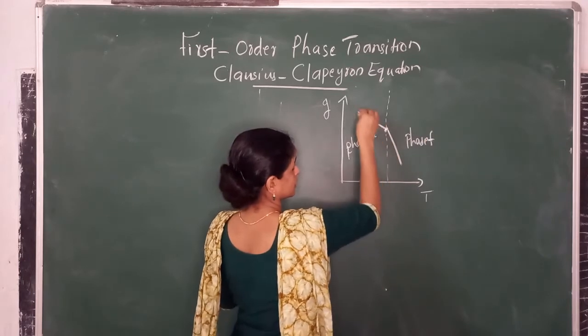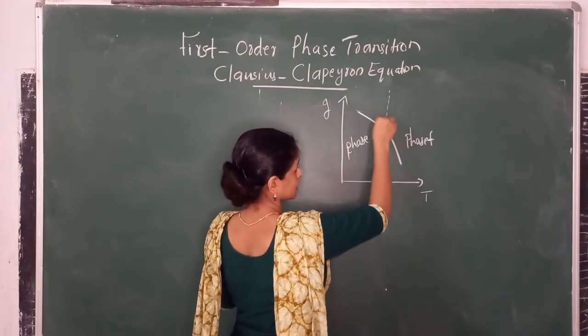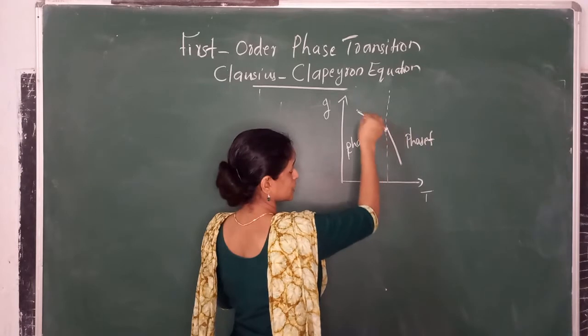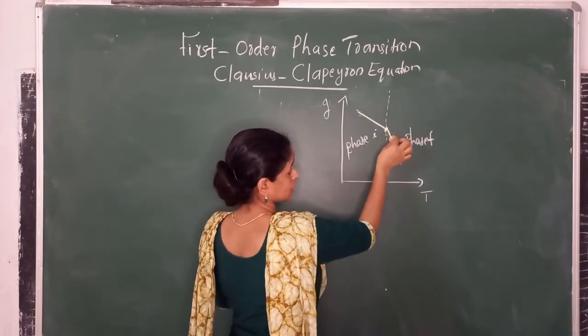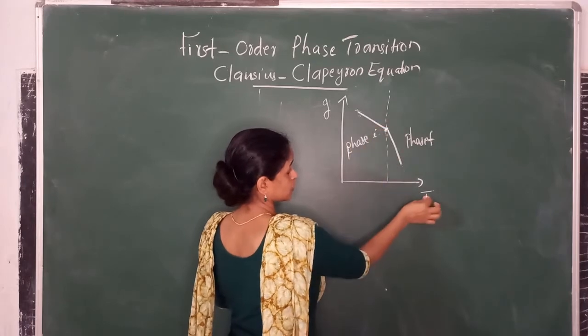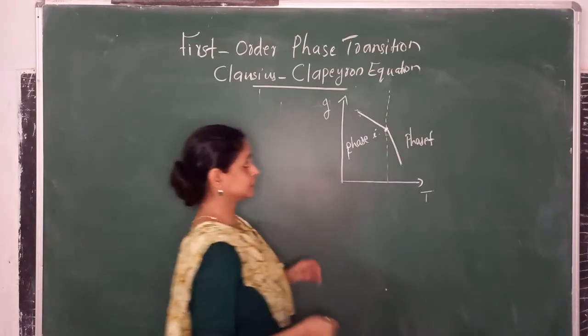The Gibbs function will change like this; this is the liquid and this is the vapor. So this is the value of the Gibbs function with respect to temperature.